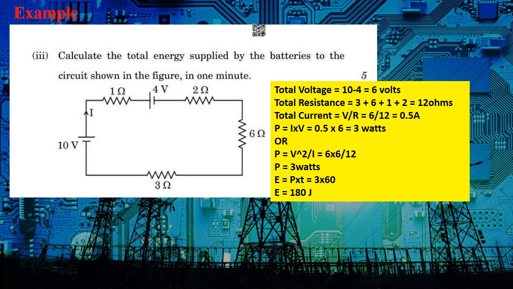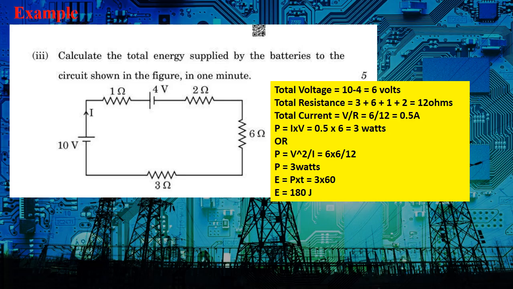So what it means is, across these 4 resistors there will be 3 watts of power used. After 1 minute, you will have 180 joules consumed.